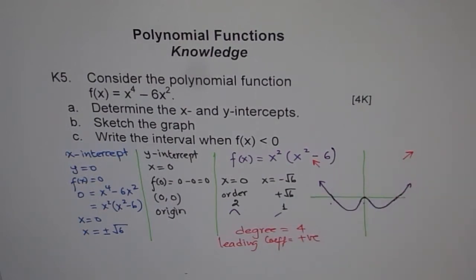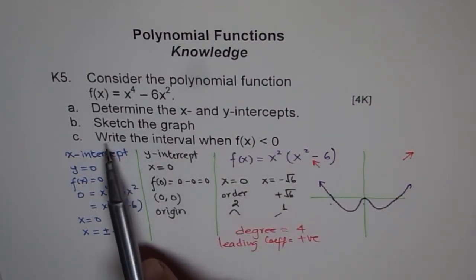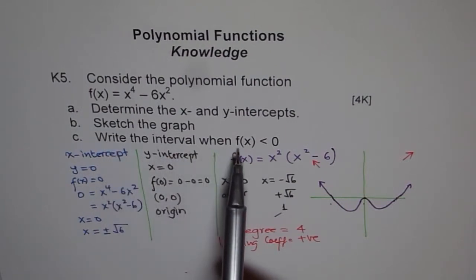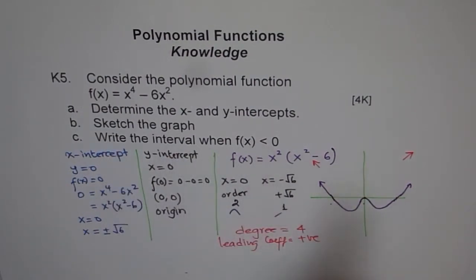So that's our function. Do you see that? Can you say something more about this function apart from the things asked for? Of course, one more thing we have to answer. Write the interval when f of x is less than 0. So when do you think it is less than 0?